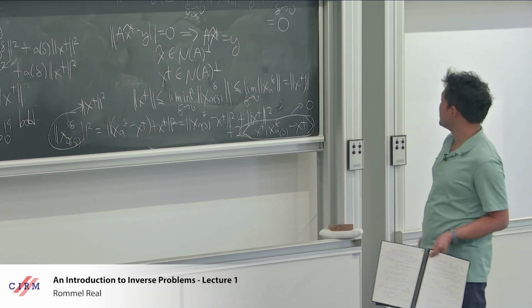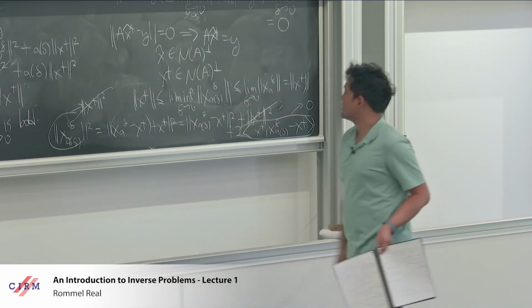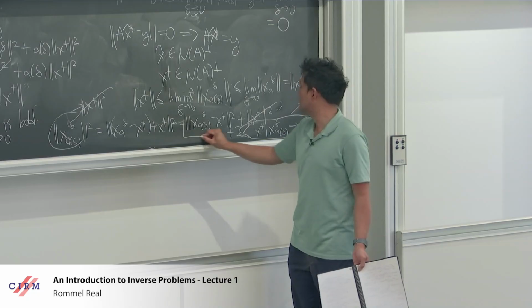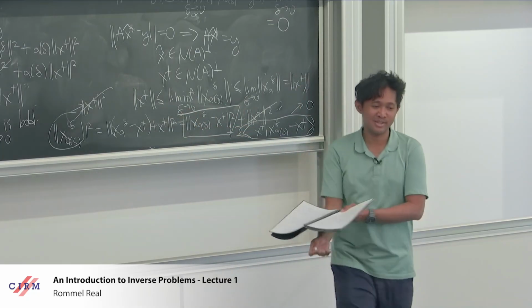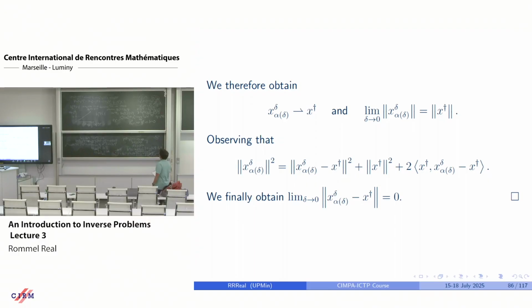So by canceling, you can cancel this one as delta approaches 0, and that leaves you with this term over here, which is the term in the middle. Then we get the strong convergence, or convergence in the norm, of the regularized solutions to the minimum norm solution as delta approaches 0. And that establishes the convergence.